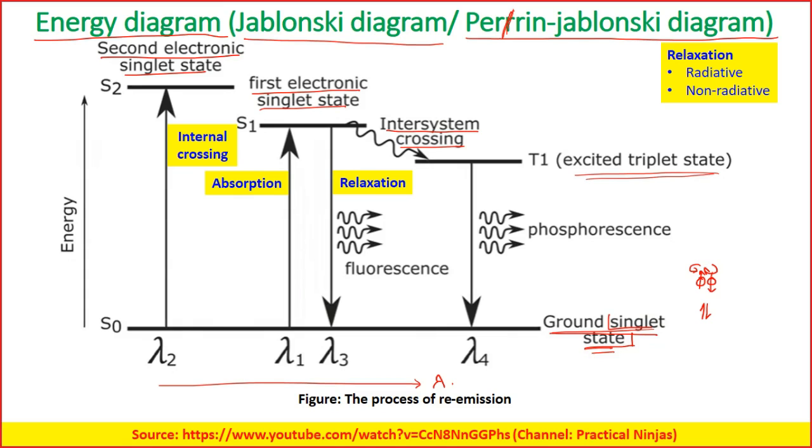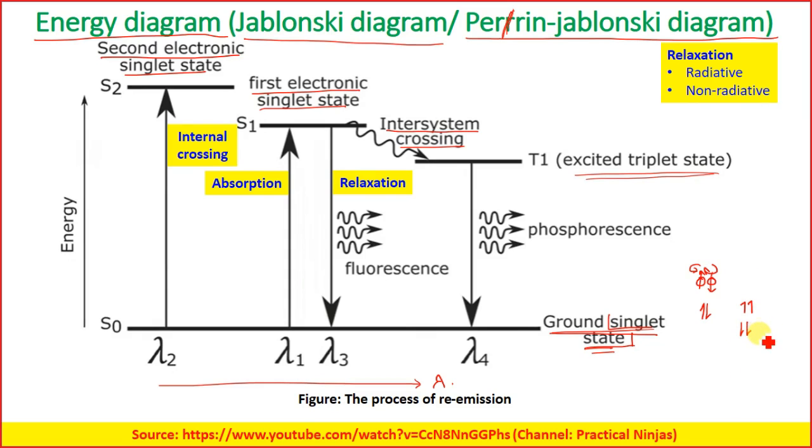If, due to some reason, both the electrons start rotating in the same direction, then it is called the triplet state.